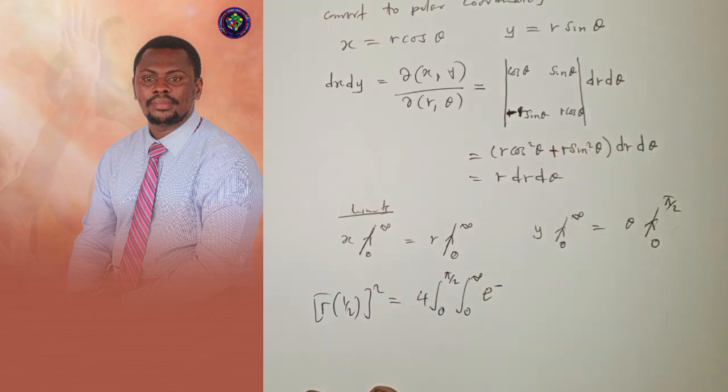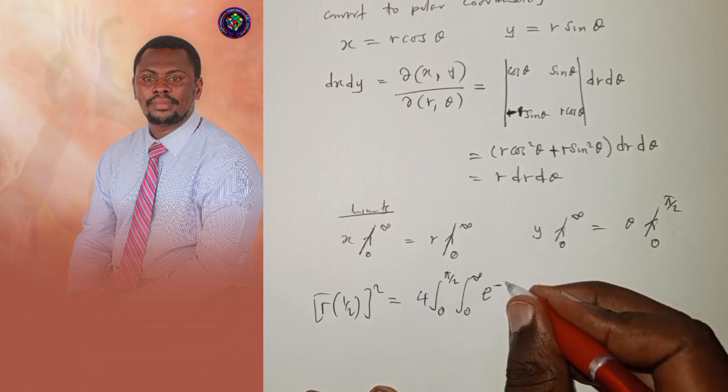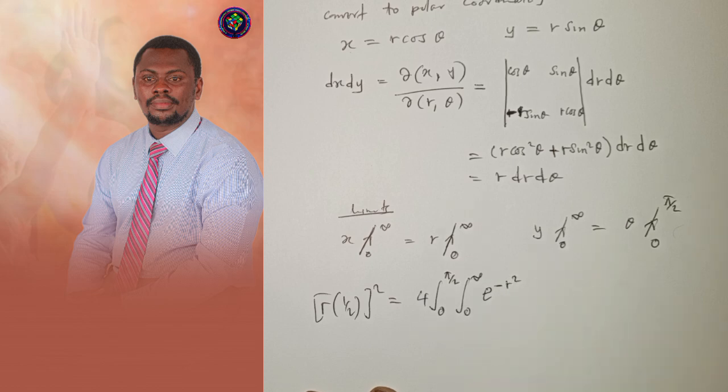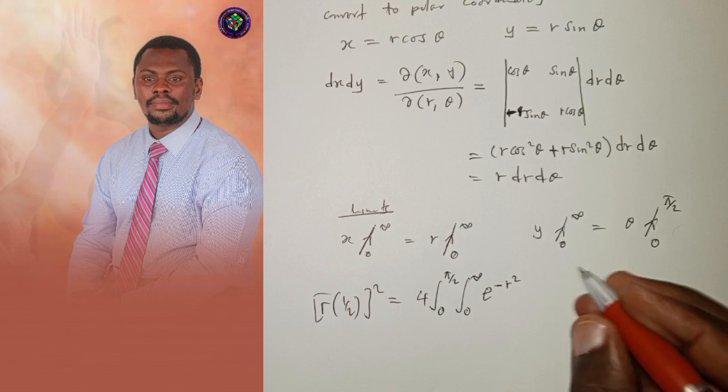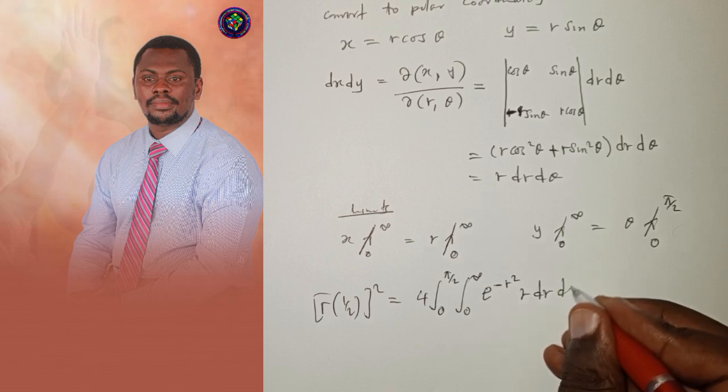So it will be r squared cos squared theta plus r squared sin squared theta. So if you divide out r squared, in the brackets we are going to have cos squared theta plus sin squared theta, which is just 1. So we are going to have exponent of minus r squared. Okay, then where there is dx dy, we put it's r dr d theta.